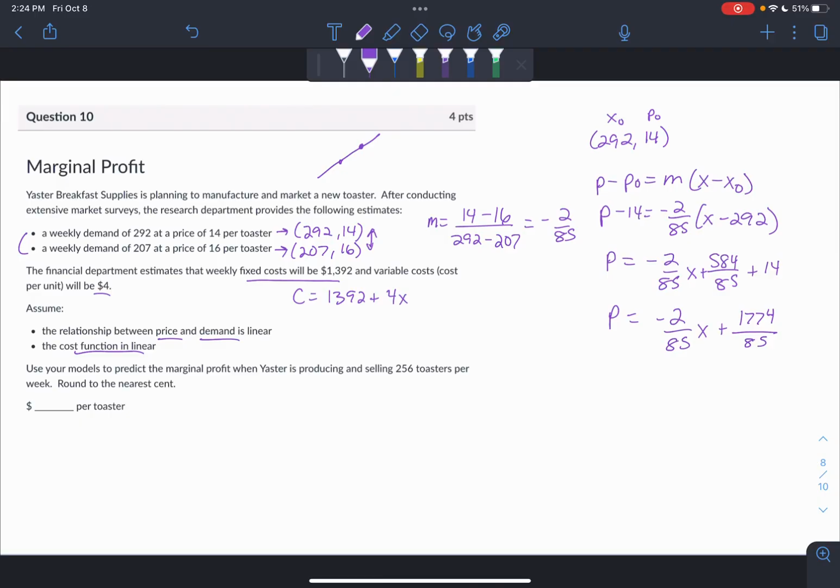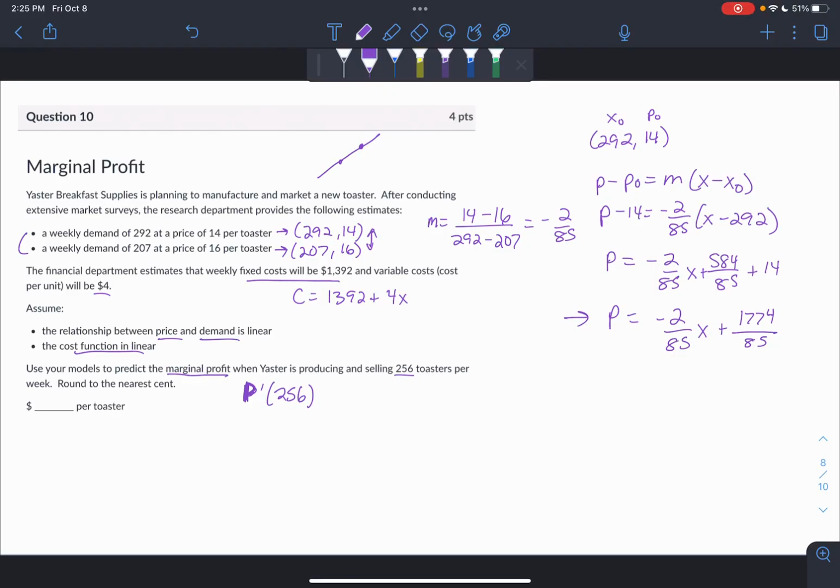And so we are asked to predict marginal profit. So this is going to be my capital P now, where marginal profit is P prime of 256 when we're selling X equals 256 toasters. All right, so we need P as in profit because we weren't given it. One thing we do know is our price, lowercase p, and we know that revenue is a function of price.